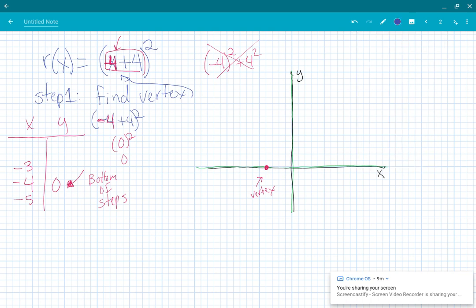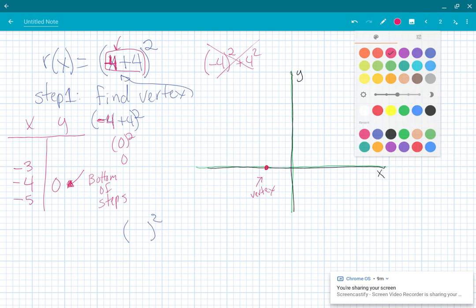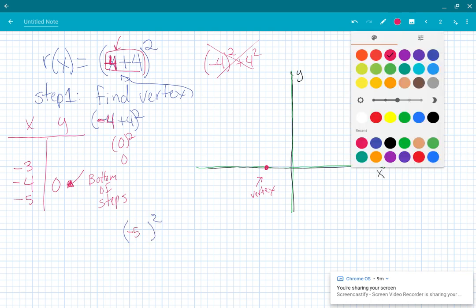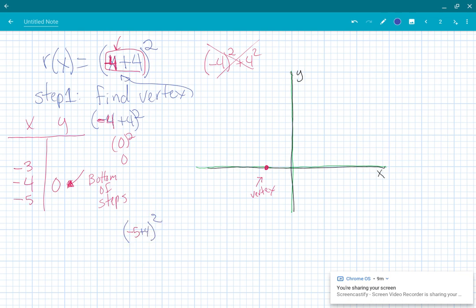All right, so we're going to plug in. I'm going to use red for my, we're going to plug in -5 plus 4. All right, so what is -5 plus 4? Okay, -1. And what is -1 times -1?